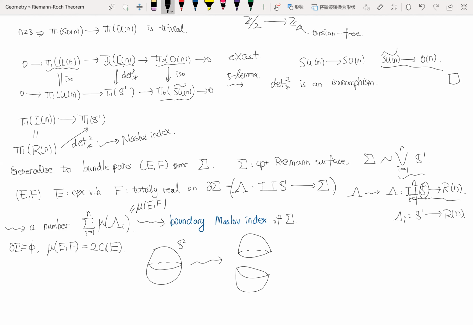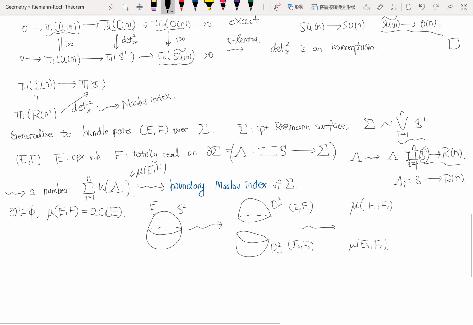D² plus and D² minus, and we can compute the Maslov index of each, because if we have E and we assign to it (E1, F1) and (E2, F2), we will have μ(E1, F1) and μ(E2, F2).